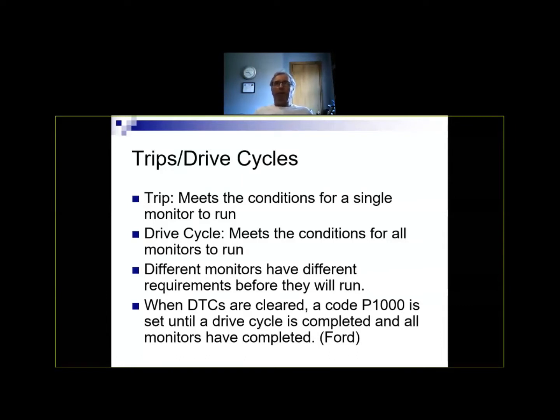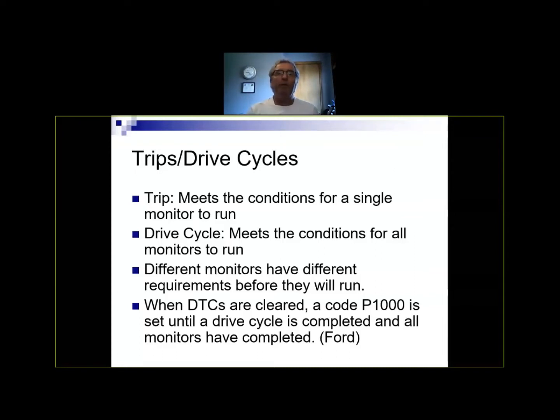If we take, for example, the catalyst monitor, there's a number of conditions, and we're going to talk about that a little bit later, that are required to be met before that catalyst monitor will run. So if I take my car out and drive it and I meet all of the conditions for that particular monitor to run, the catalyst monitor, it will run. And we will say we have completed an OBD2 trip.